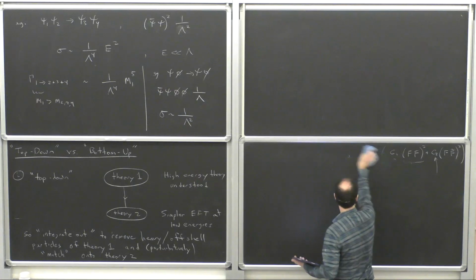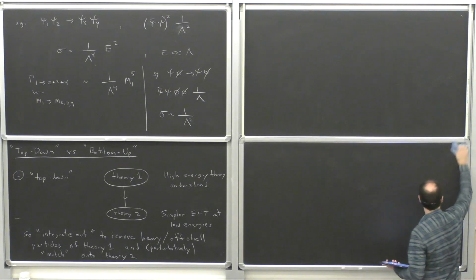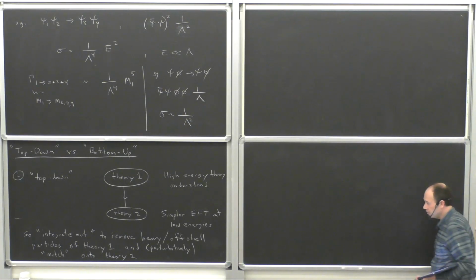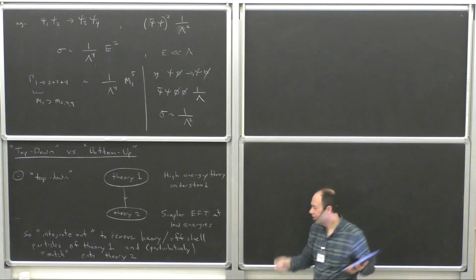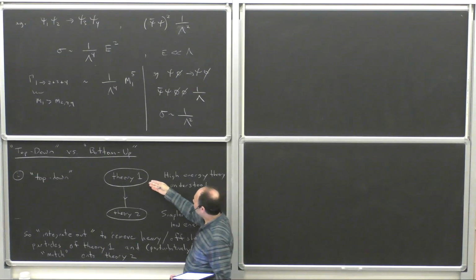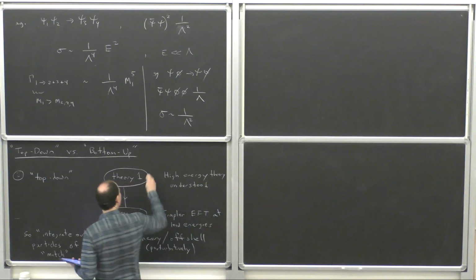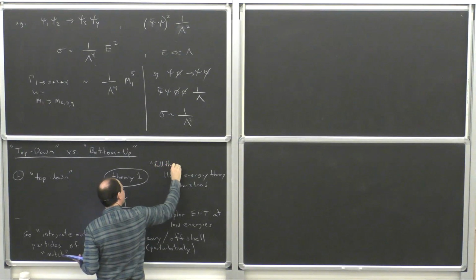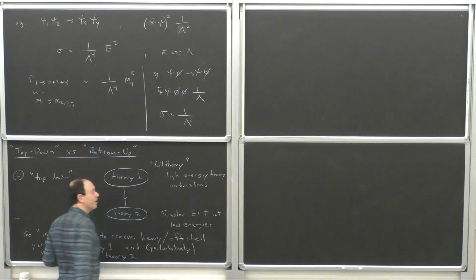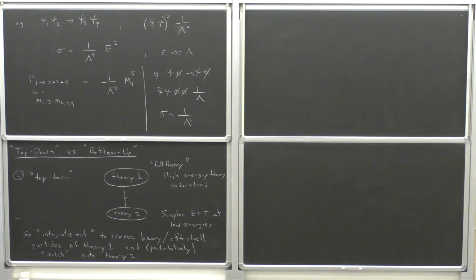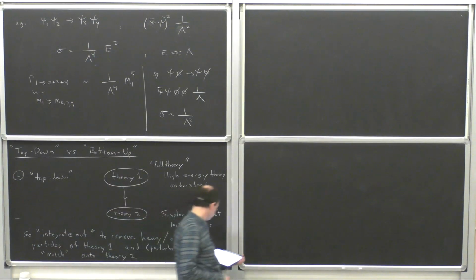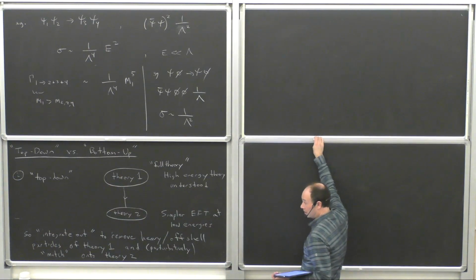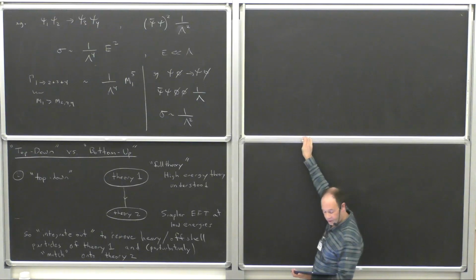We just take the full theory. It's kind of like we do a Taylor series expansion of theory 1, which is often called the full theory, or the mother theory, but usually people call it the full theory. We could call it the father theory or the mother theory, but let's call it the full theory. We can use our handle on that theory to get at theory 2, and it's a very powerful tool.